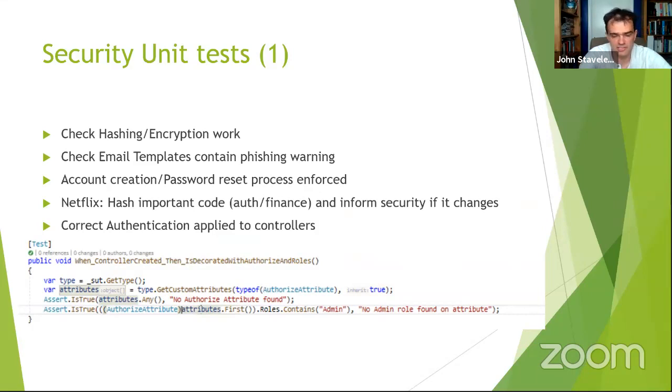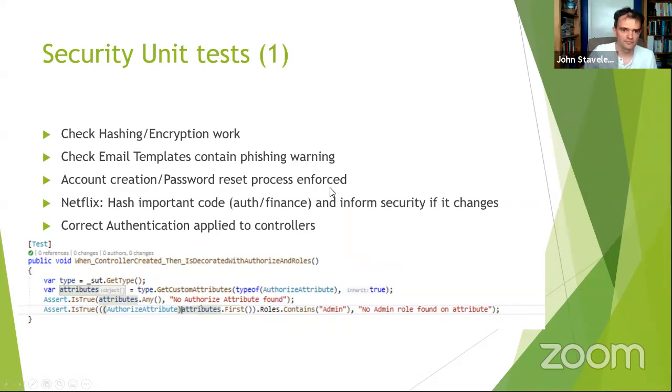So if a developer tries to weaken either of those, or give themselves funds or whatever, they get emailed as soon as there's any code changes, so they get to review it. This unit test just checks that the correct authentication is applied to controllers. So if someone removes the admin role off a controller or removes the authorized attribute off the controller, this unit test will start failing.